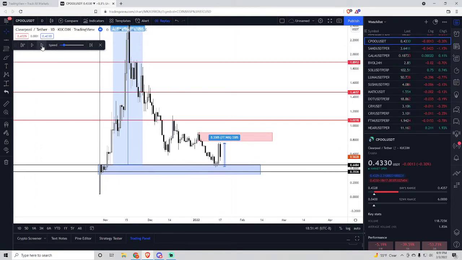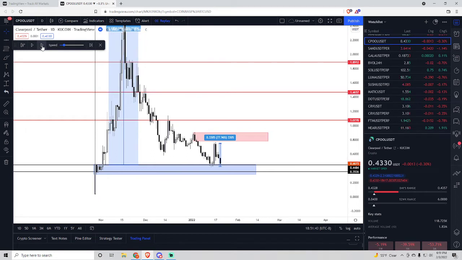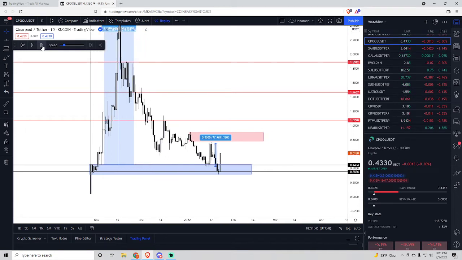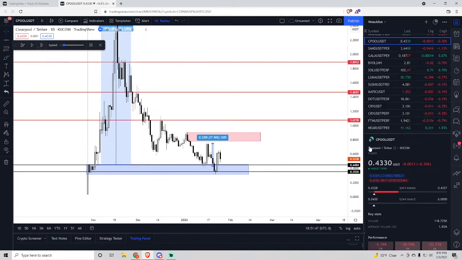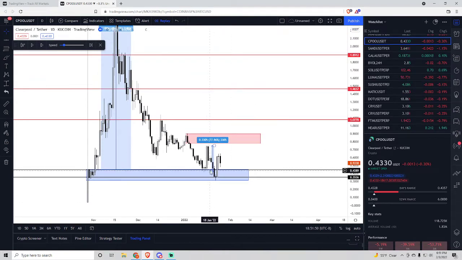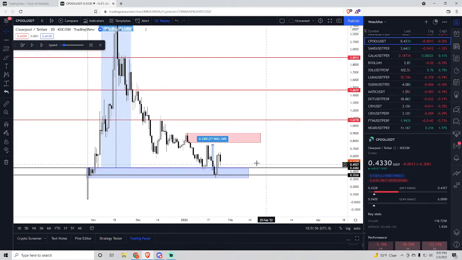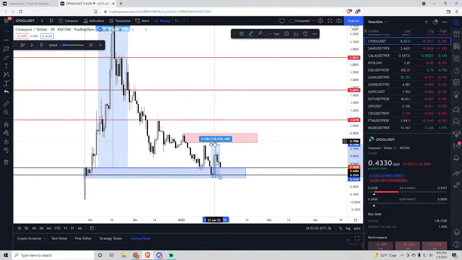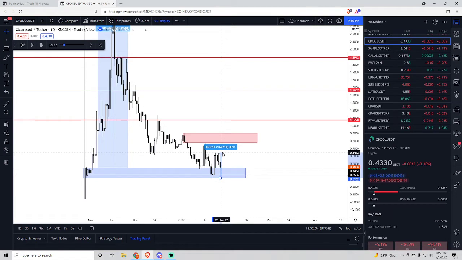So if I keep going, here is the zone being completely fulfilled. More than 50% of this zone has been touched, and if I keep going, we got a 106% move out of this from the bottom of the zone.